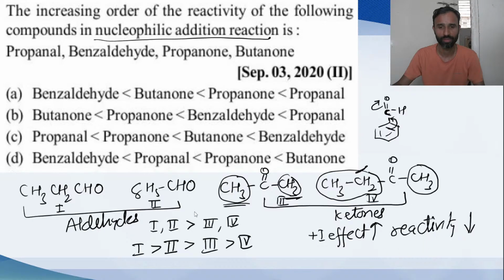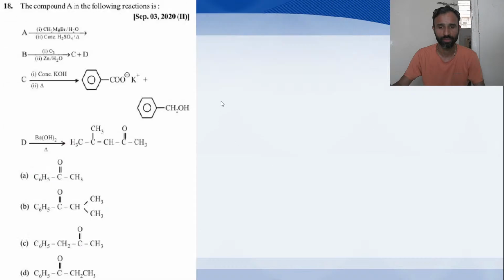That means aldehyde, then propanone, then butanone. That means option B is the correct one. Okay. Now next, the compound A.